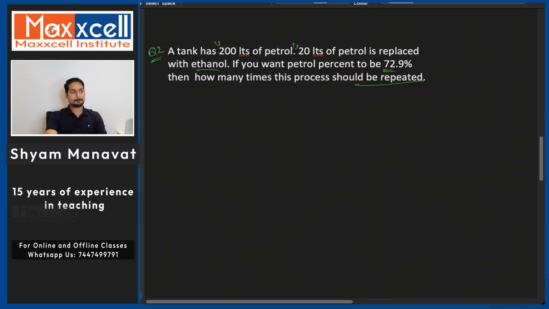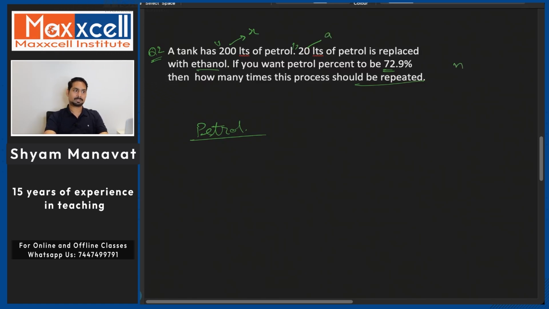Now again, here you want petrol left after how many operations? We don't know that. That's what we need to find out. So we need to find out the value of n, right? Initially 200, so this is x. The replacement quantity is 20 liters petrol replaced with ethanol, so this is A. How many number of times it has been repeated?